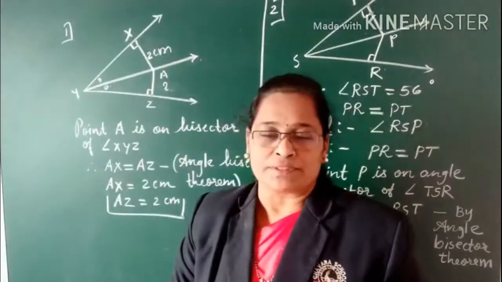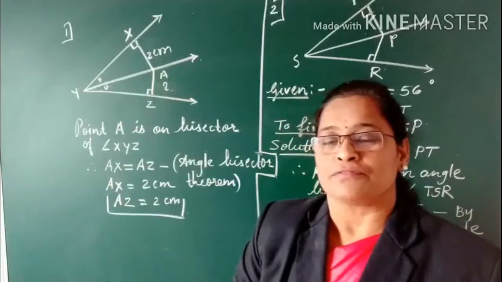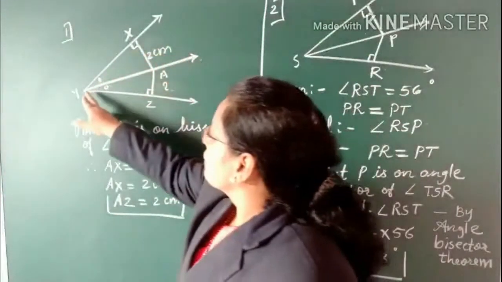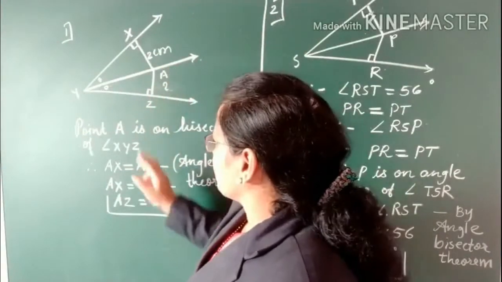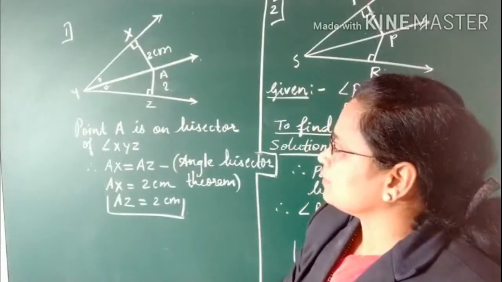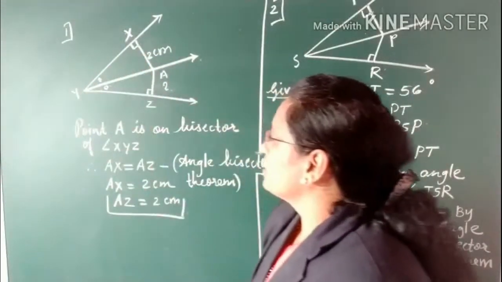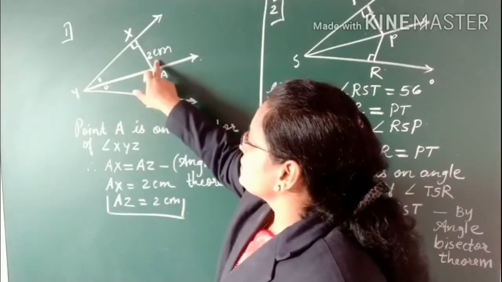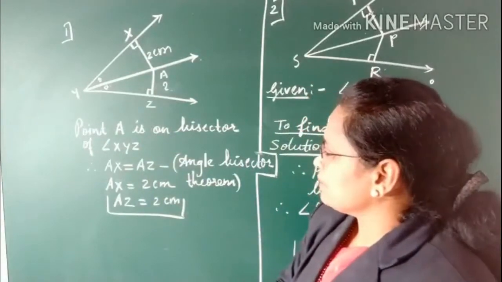These are some examples from practice set 3.4. So see here in the figure, ray YA is the angle bisector of angle XYZ, and it is given that distance XA is 2 cm.